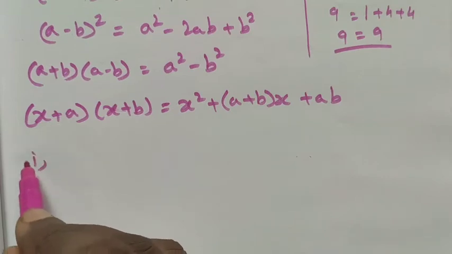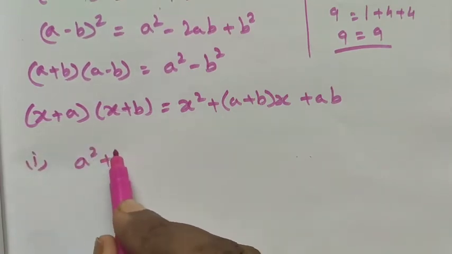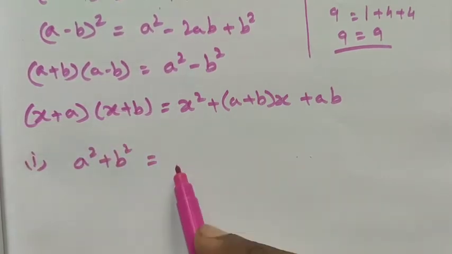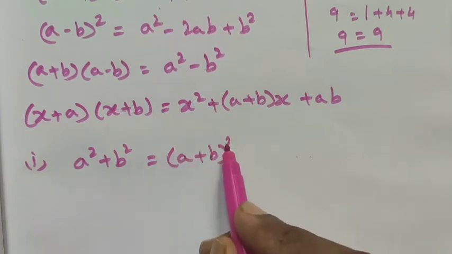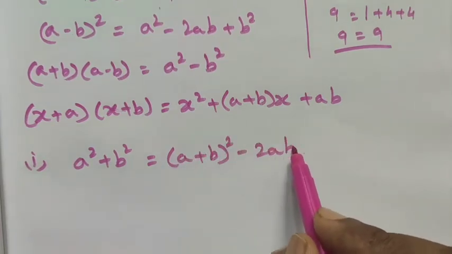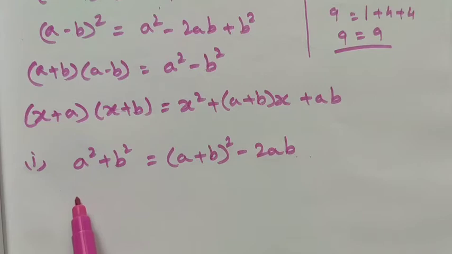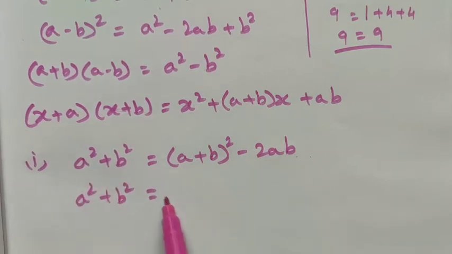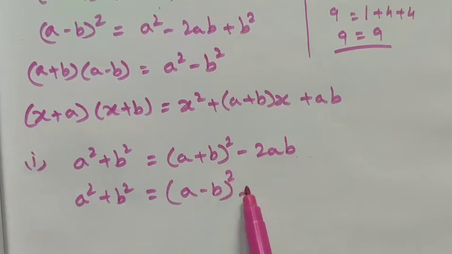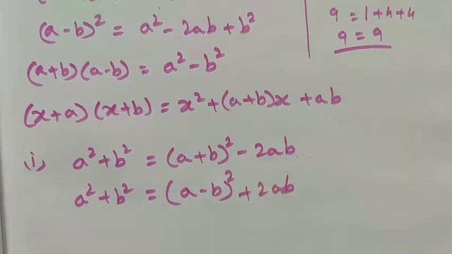Let's see the deduced identities. If you want to find a square plus b square, it is equal to (a plus b) whole square minus 2ab, or a square plus b square is equal to (a minus b) whole square plus 2ab. It is an equal term.